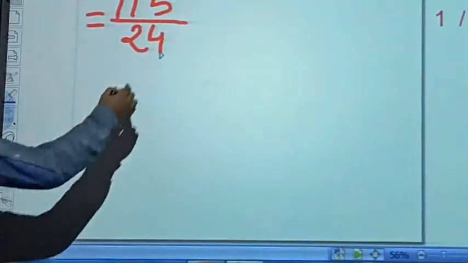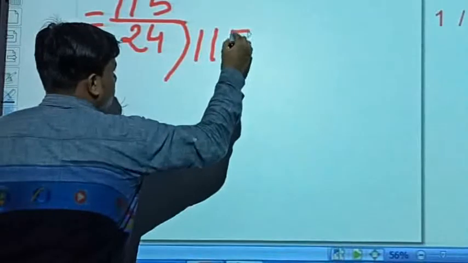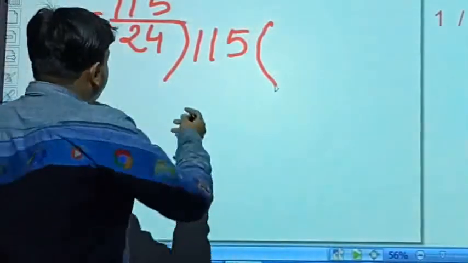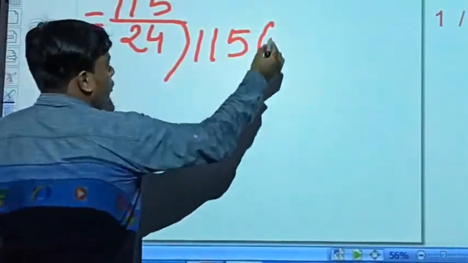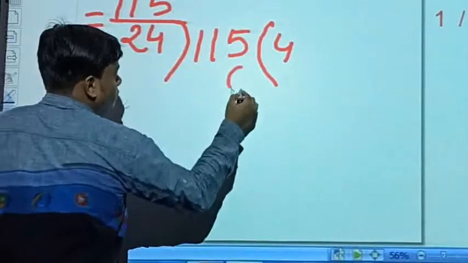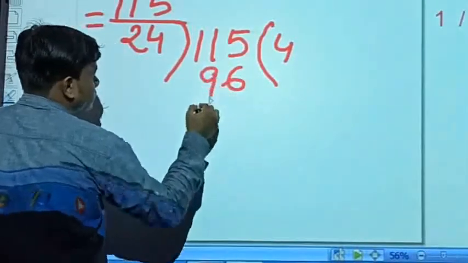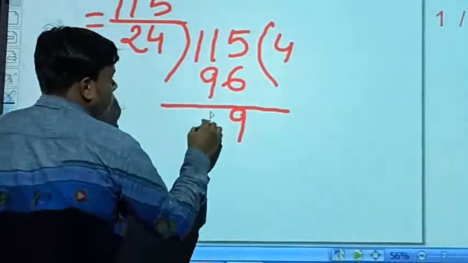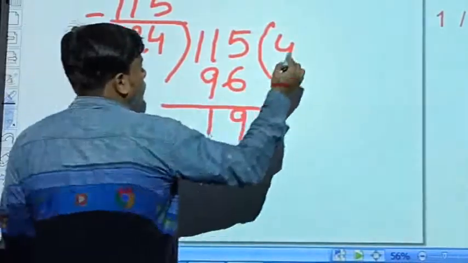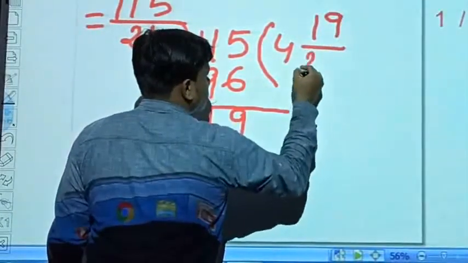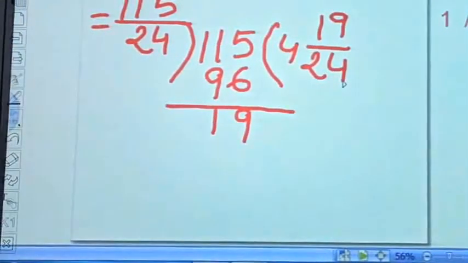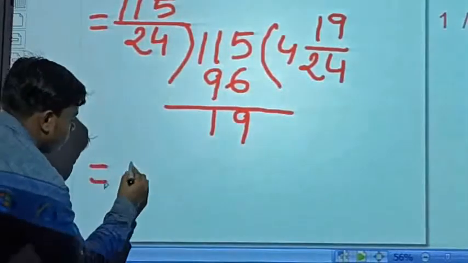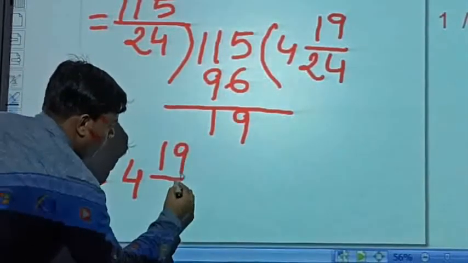So convert it into a mixed fraction. So the answer is 4 19 by 24.